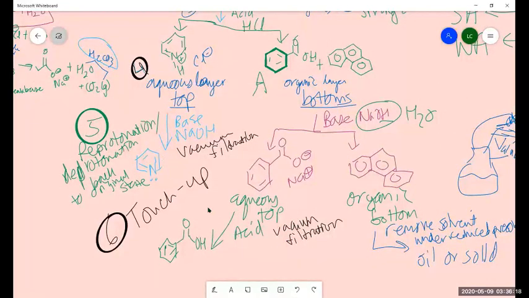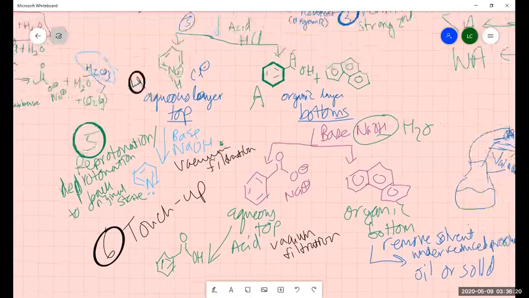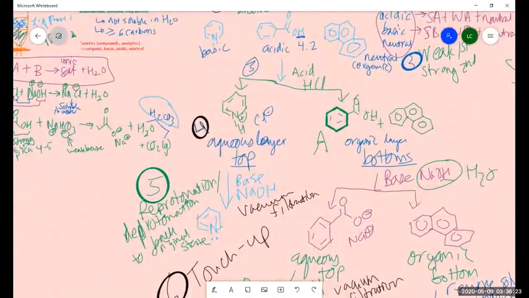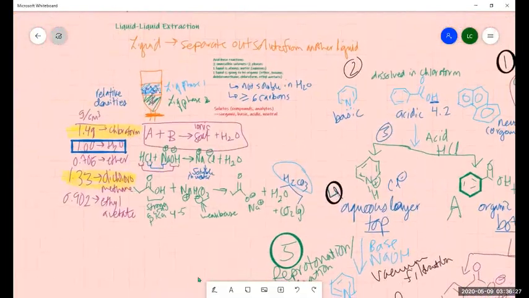You can do a recrystallization kind of. That's why you put in the ice and vacuum filtrate, so it's not soluble anymore.